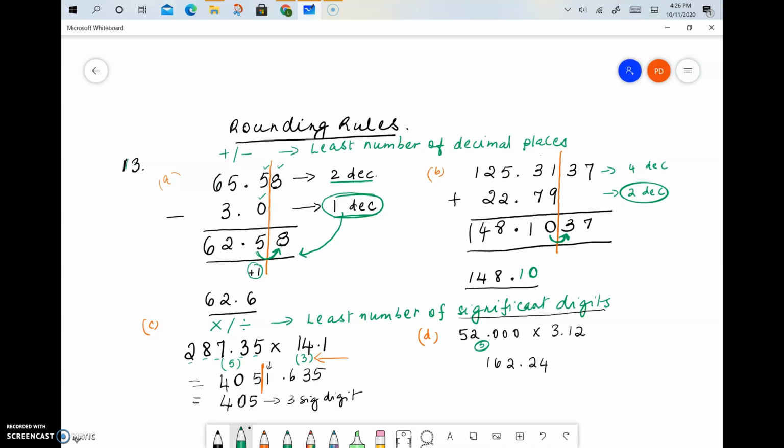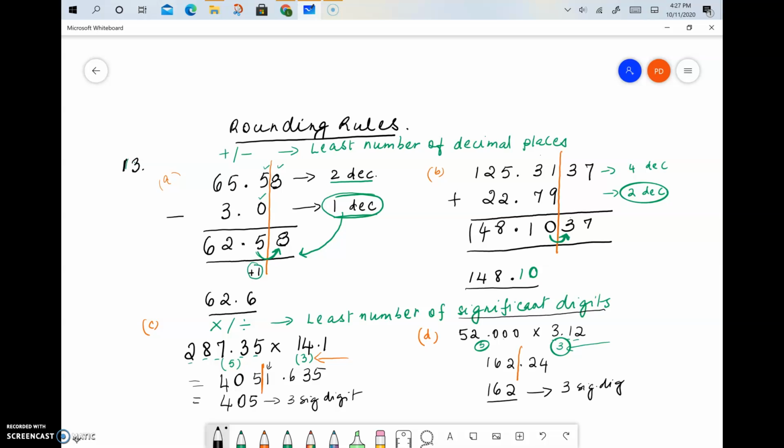In the second, we have 1, 2, 3 significant digits. So the least number of significant digits is 3. So our final answer is rounded to the ones place, so that would be 162. It's rounded down to 162, and we've made sure that there are 3 significant digits.